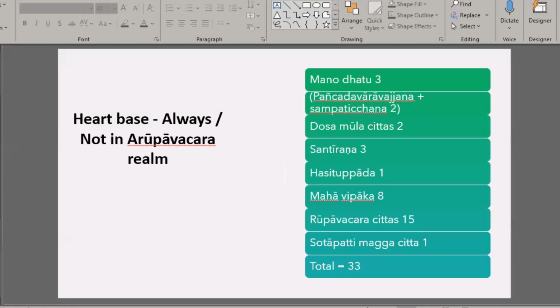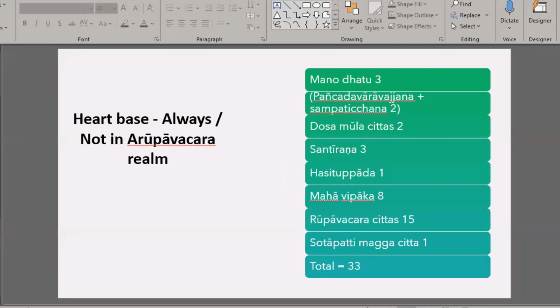Then the Bhavanga function in the Kama realm. Chuti function in the Kama realm. What about Tadarammana? We have discussed that the Tadarammana function is performed only in the Kamavachara realm. Therefore, not in the Arupavachara realm, and nothing to say about the Rupavachara realm.